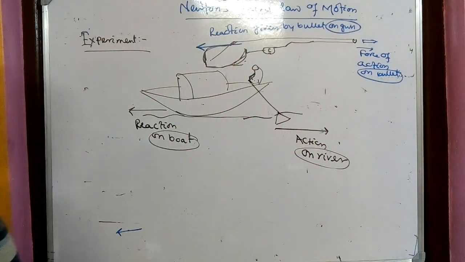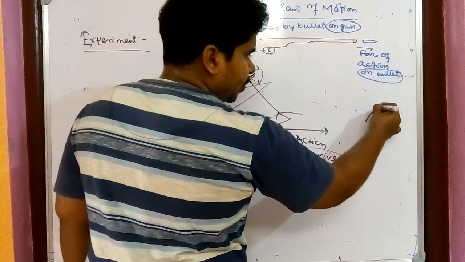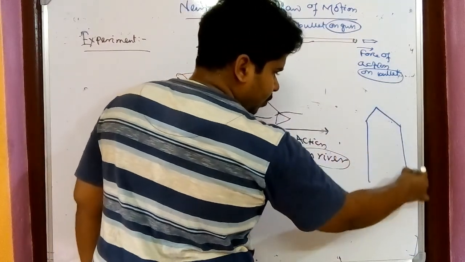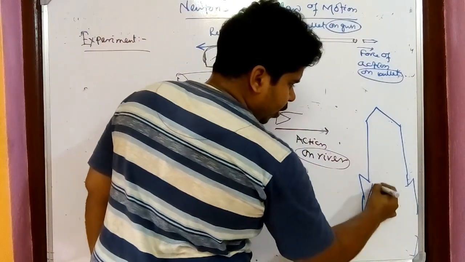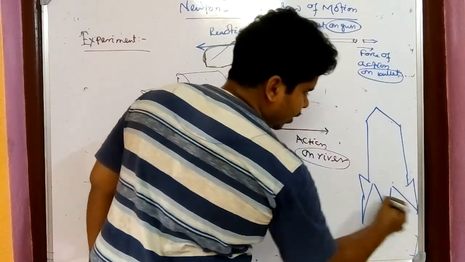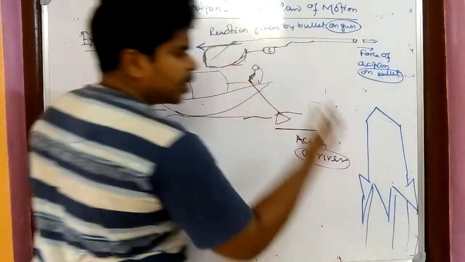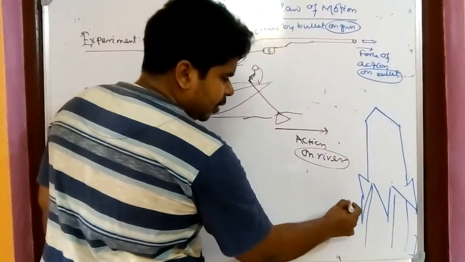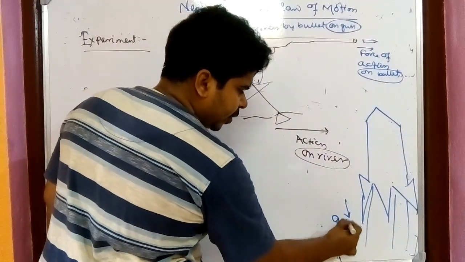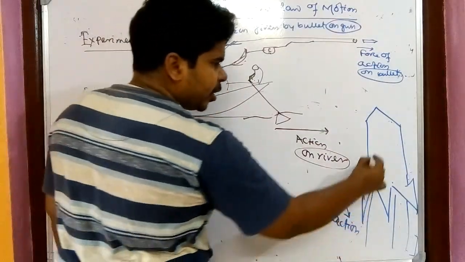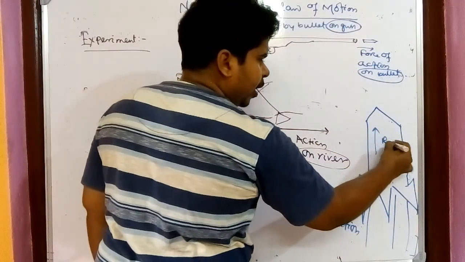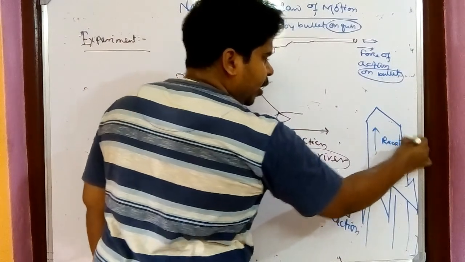Not only that, if I am talking about rockets, Mission Mangal, no, apart from this also many more things are there. When the rocket goes upward, it has given an action on the ground, and due to that the reaction is given on the rocket, and by that reaction it moves up.